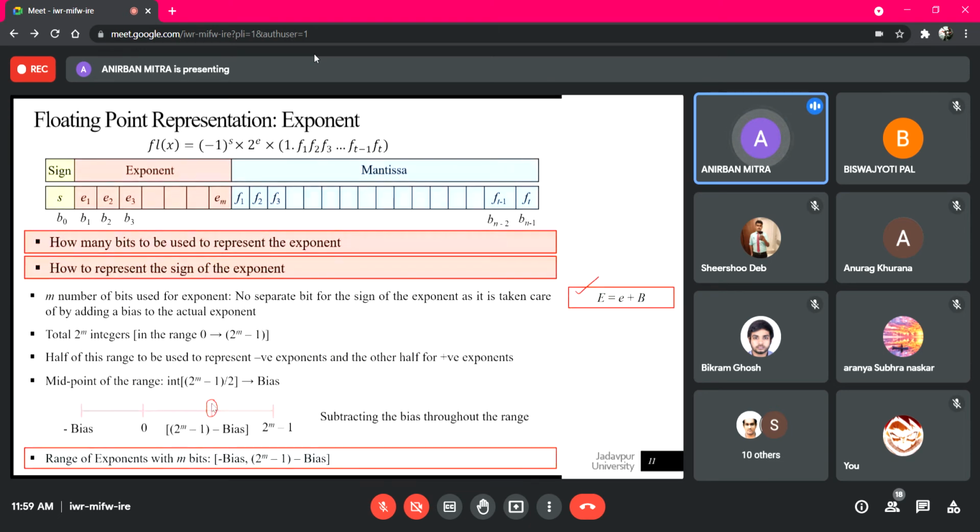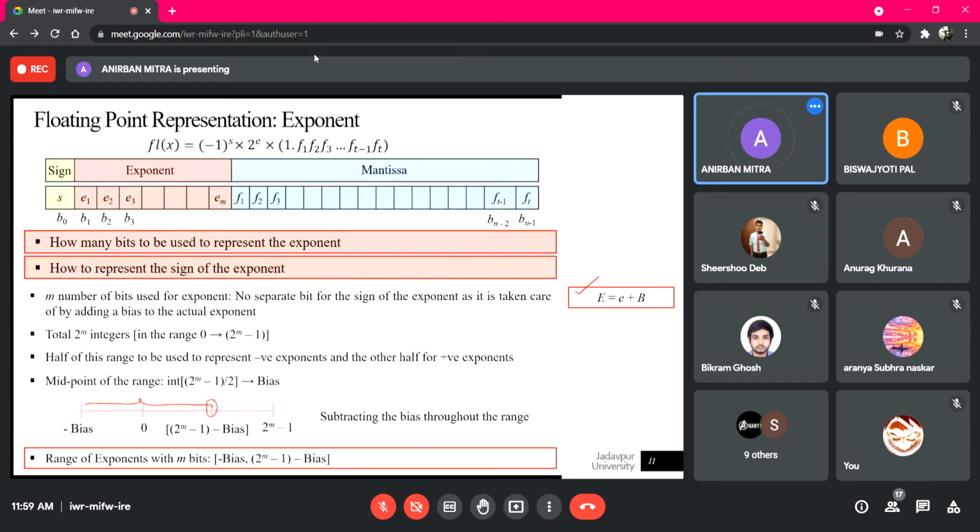Now the range of exponents with m bits starts from minus bias, a negative number, increases, goes to 0, with only one 0 representation here, and then moves to the positive part. It goes up to 2 to the power m minus 1 minus the bias. Those are the exponents that are represented.